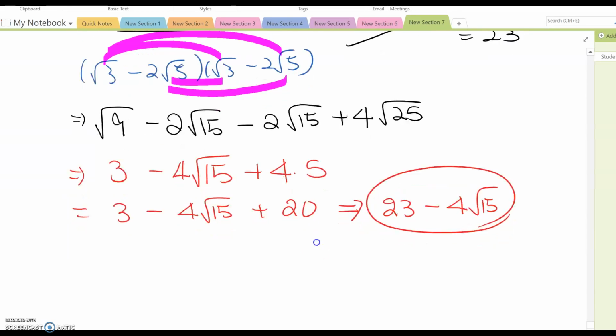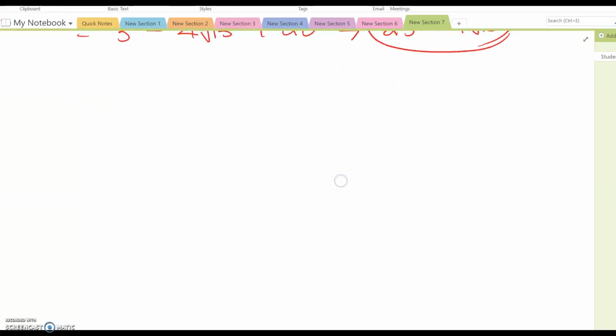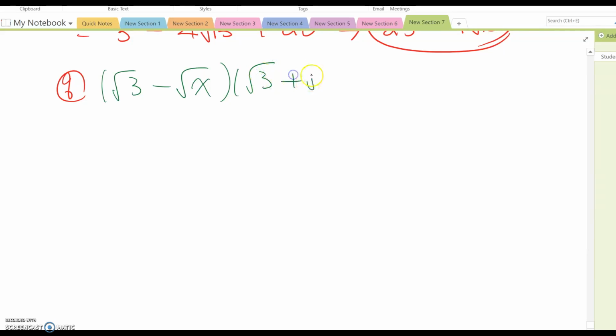Then one last question, maybe Q. What about this problem? Root 3 minus root x times root 3 plus root x.